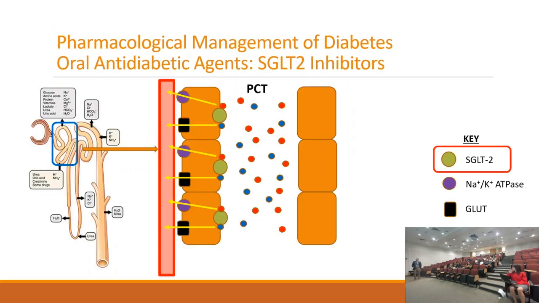So let's take a look at a picture here, okay? On the left here, we see a picture of our nephron, okay? And you can see here's the proximal convoluted tubule right here. And if we look at a magnified cartoon picture that I drew here, okay? We can see here are our SGLT2 proteins, okay?